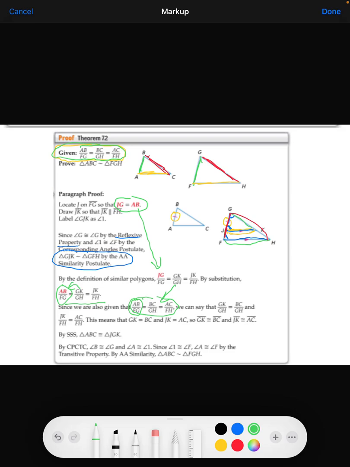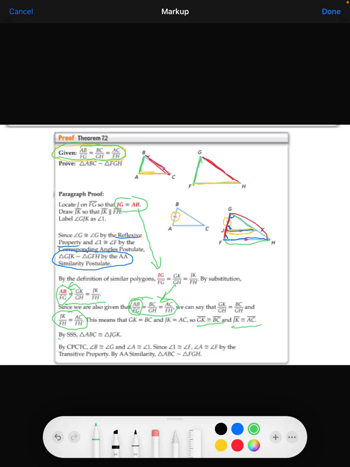And similarly, JK over FH equals AC over FH. So this means that GK equals BC, JK equals AC. So GK is congruent to BC, and JK is congruent to AC.